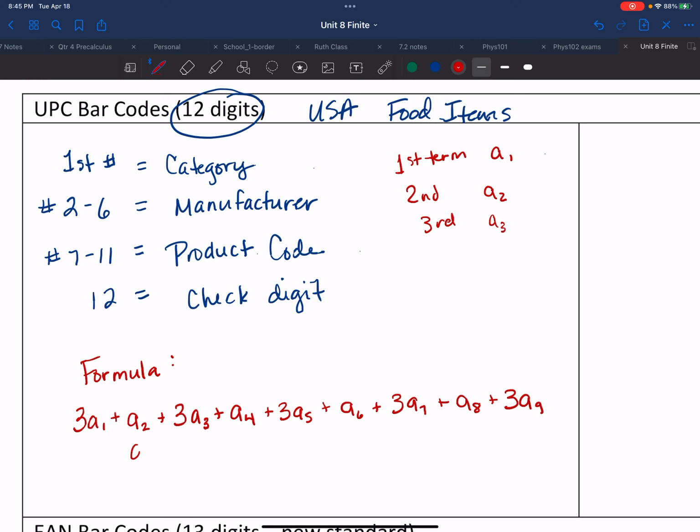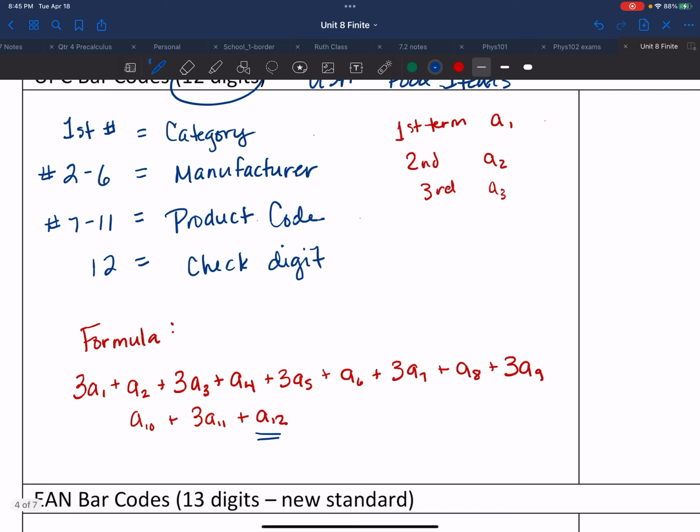And then we get to A10 plus 3 A11 plus A12. Sorry about that, I'm getting these lines. Now keep in mind that that A12 is your check digit. So once we add all that up together, we need to get an answer that ends in 0.